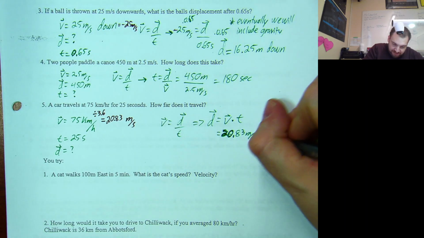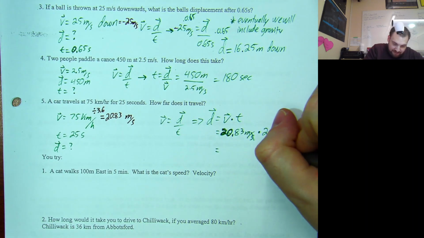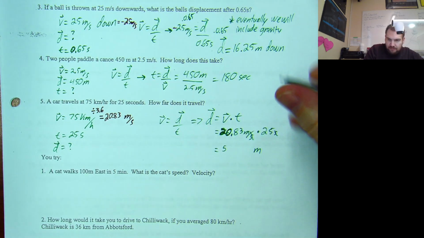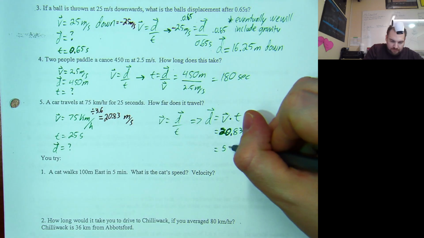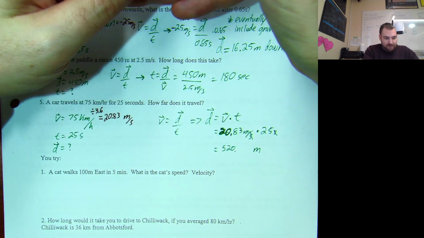My seconds are going to cancel, leaving me with a final answer in meters, and 520. I had a different value. Why do I have a different value? Did you round it?